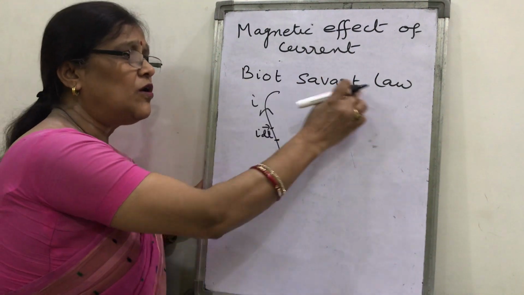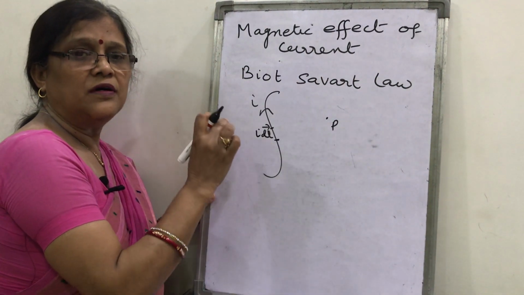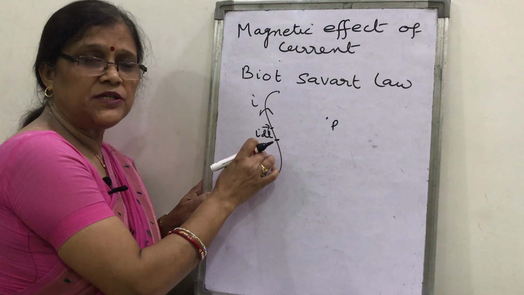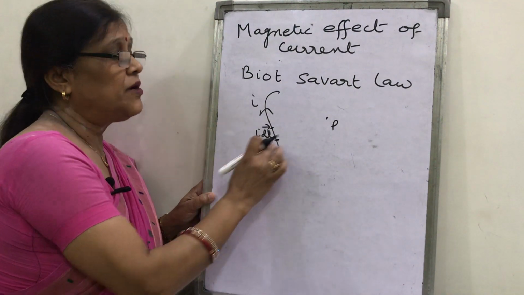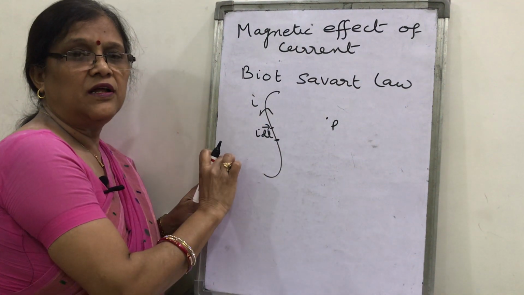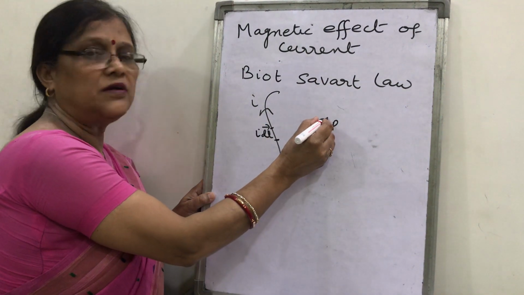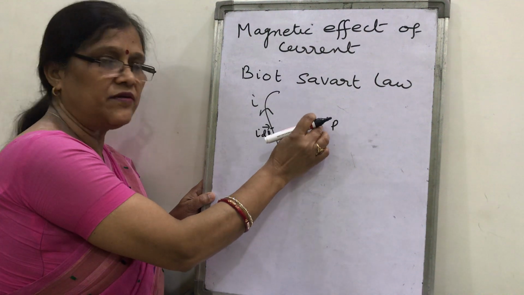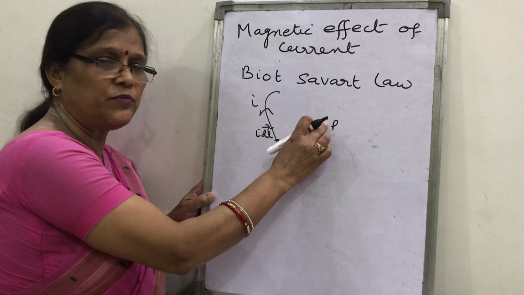This law gives the expression to determine the magnetic field at point P only due to the small portion I dl, and how you will get the magnetic field due to this small portion at the point P.